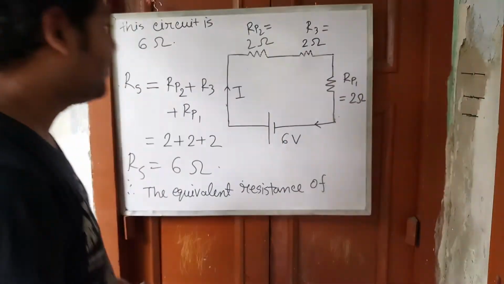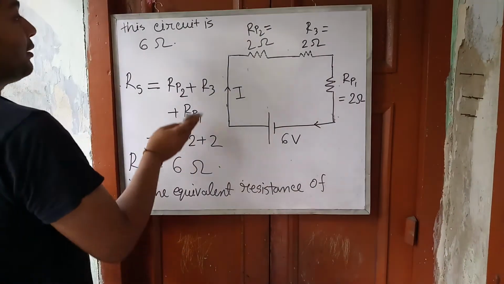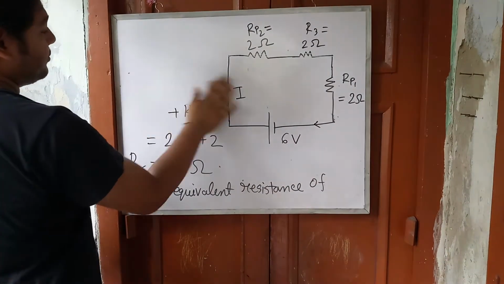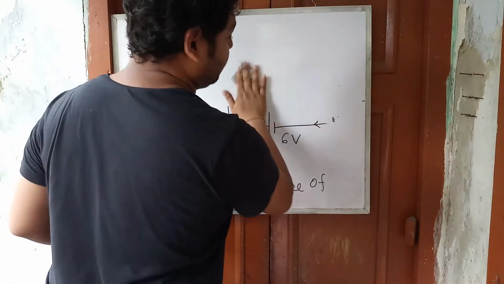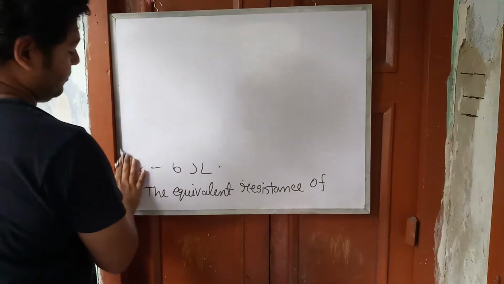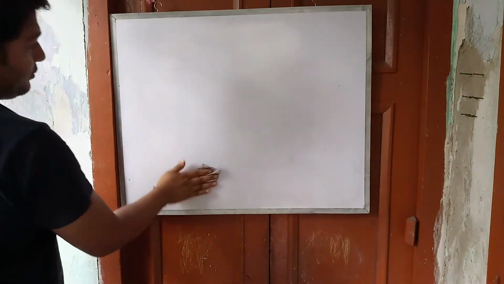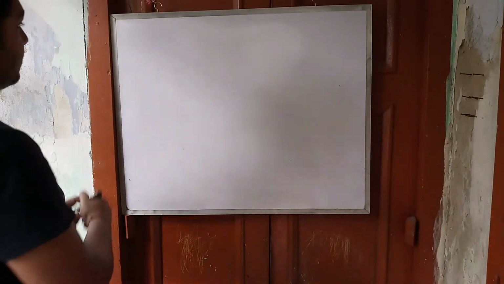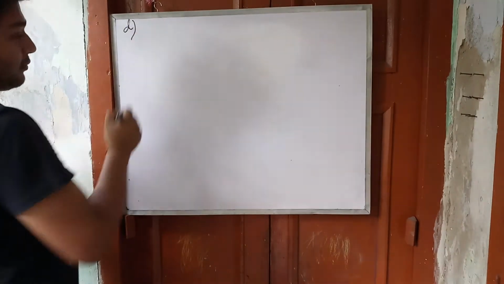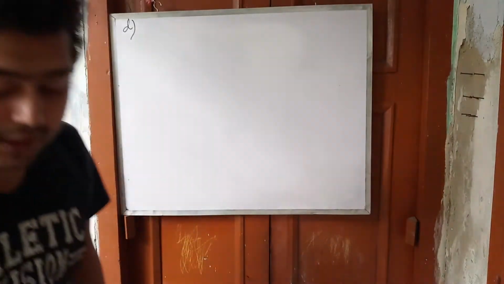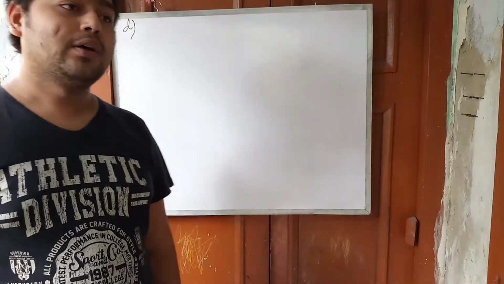Now we are going to solve our question number D. What will be the question number D? The question was: design an electric circuit suitable for domestic purpose.